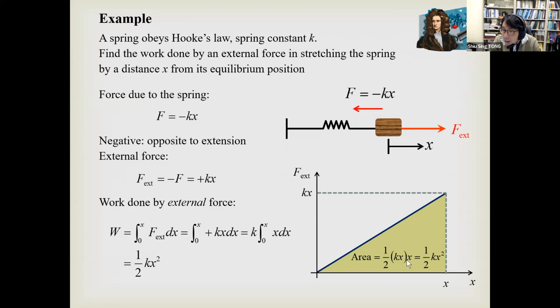The base is x, the height is kx, so we get half kx squared. The factor of 1/2 is there because the external force is increasing linearly with the extension. So instead of getting kx squared only, we get a factor of 1/2 due to the force increasing with the displacement. And this is exactly equal to the area bounded below by the curve.